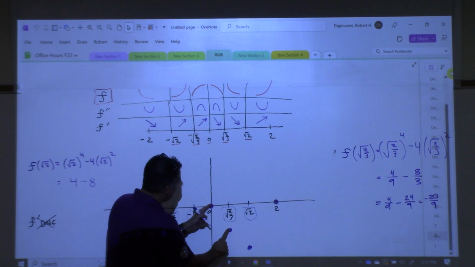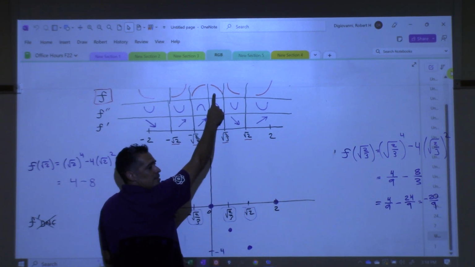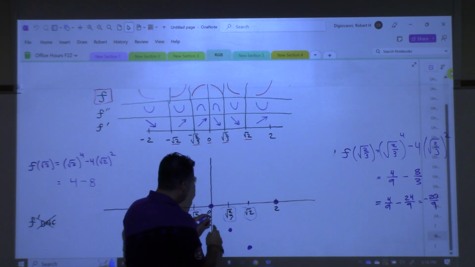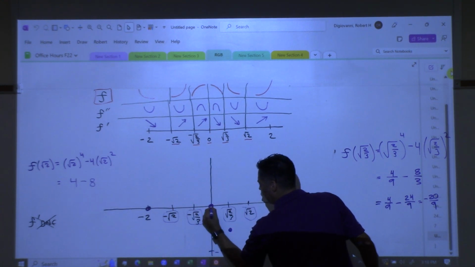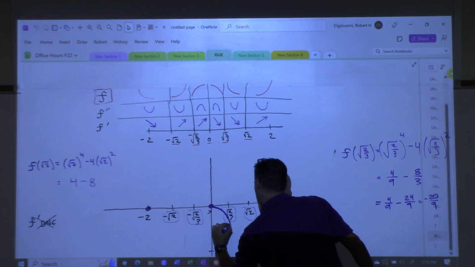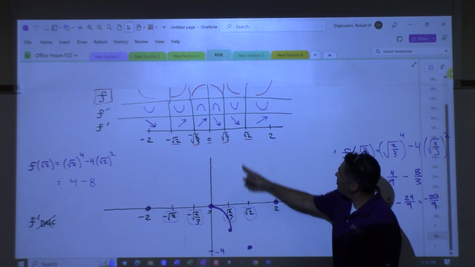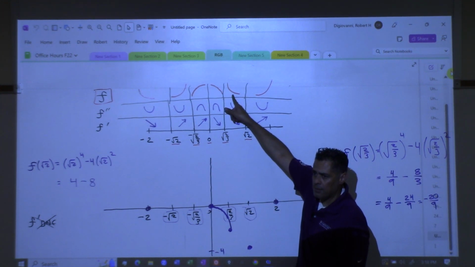When I connect them, I'm going to look up here and see what it's supposed to look like. It's supposed to look like this, right? So I'm going to draw it like that. It's going to be concave down and decreasing like this. And then between here and here, it's going to be this.